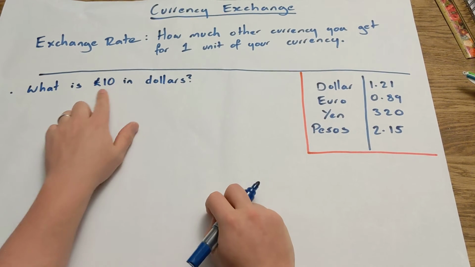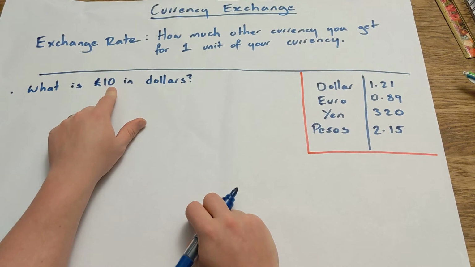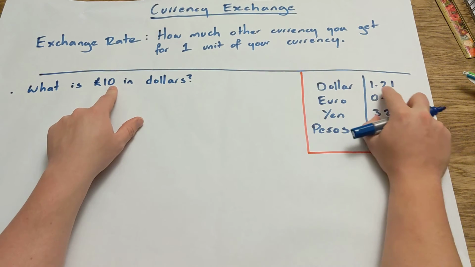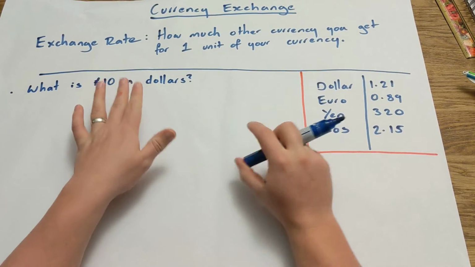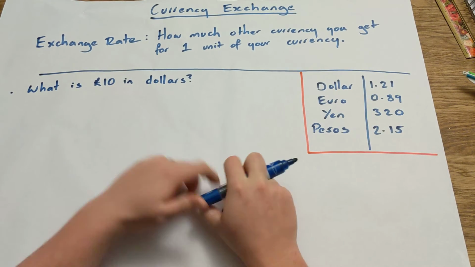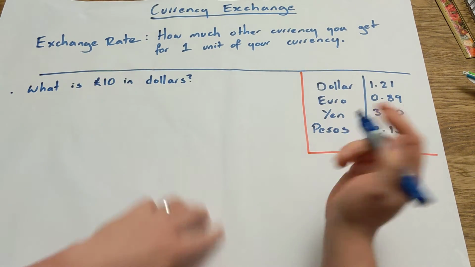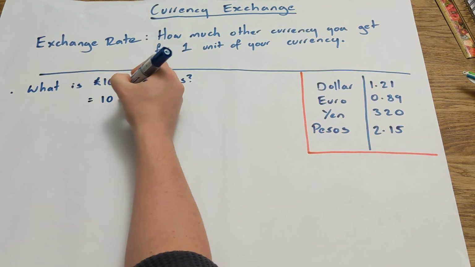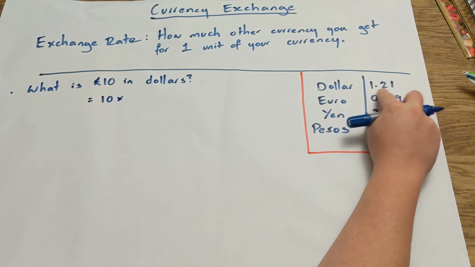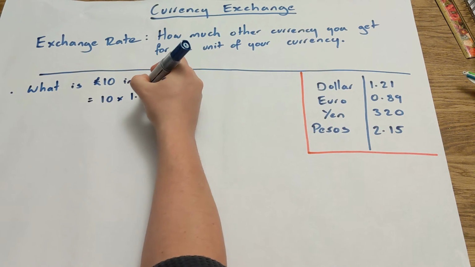So for every pound I have in dollars, I'm getting 1.21. So that means it's 1 times 1.21. So what I do here is, if I've got £10, well then I do 10 times the exchange rate. So it's 10 times 1.21.